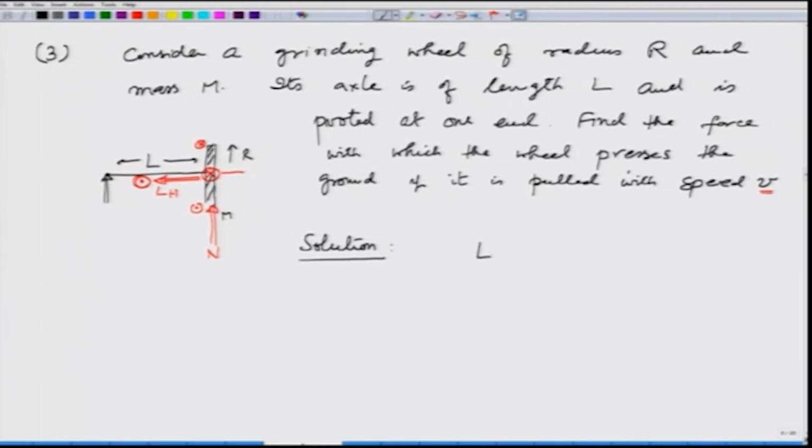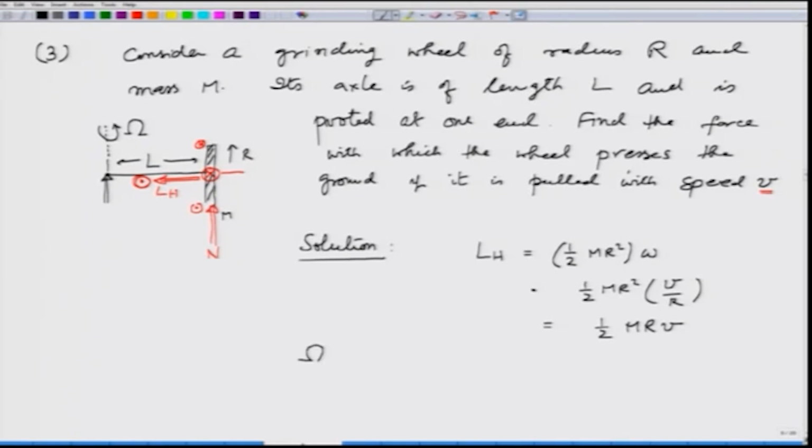So, in the solution, first I will do it by calculating LH and then through Euler's equations. L horizontal is equal to 1/2 mr square, which is I, times omega, that is the rotational speed of the wheel, which is nothing but 1/2 mr square v over r, which comes out to be 1/2 mr v. The whole thing is rotating about this vertical axis by some omega.